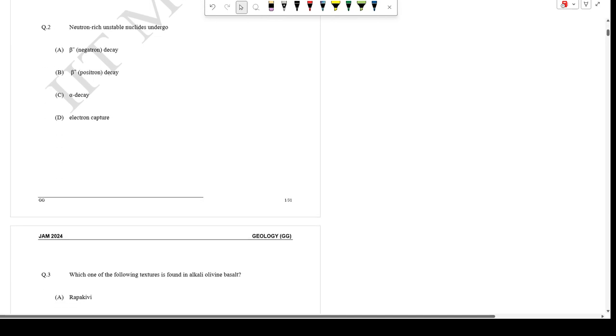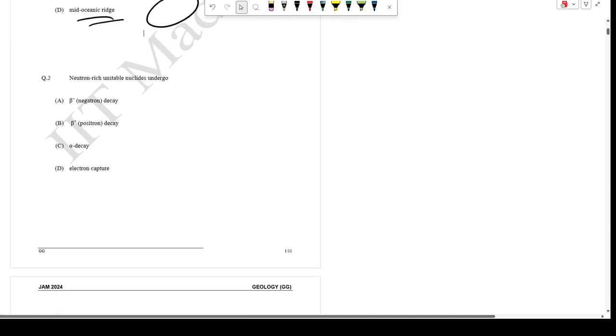So next is: neutron-rich unstable nuclides undergo what? The answer is beta negative, or negatron, decay. So why is that? The neutron-rich unstable nuclides have an excess of neutrons compared to protons, which makes them unstable because of the strong nuclear force.